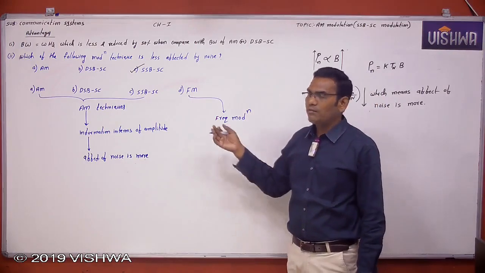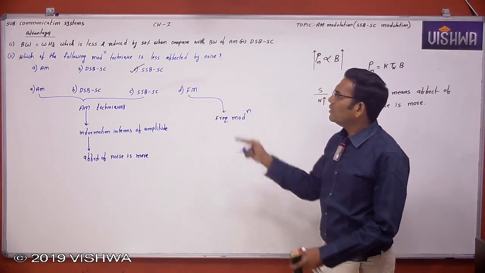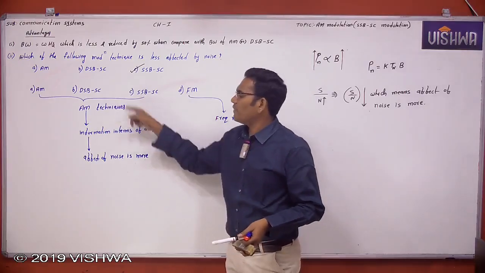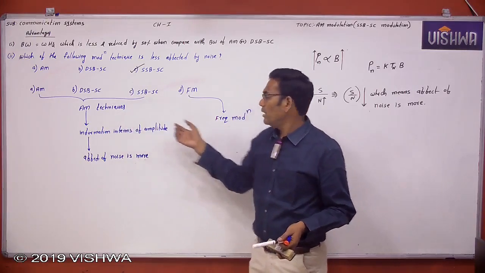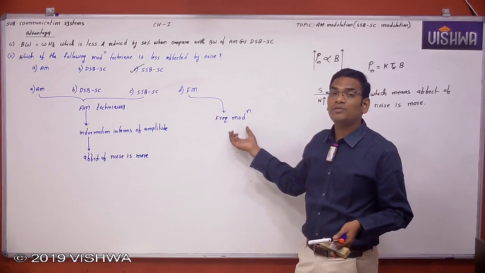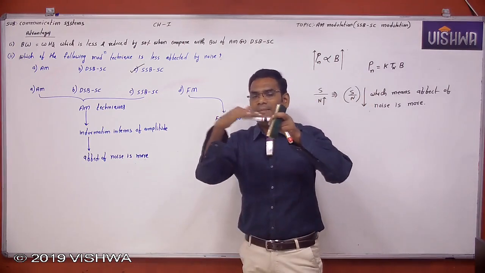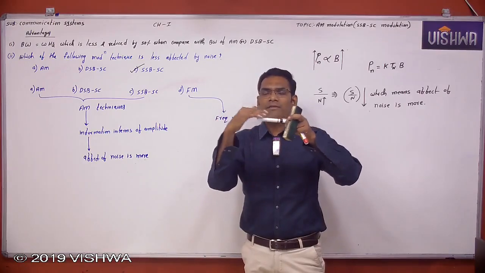Very soon we will see the FM modulation technique. When these four options are given, here information is in terms of amplitude, therefore the effect of noise is more. Here information is not in terms of amplitude, but in terms of frequency. This is frequency modulation. Noise is coming and the amplitude is affected, but not a problem.